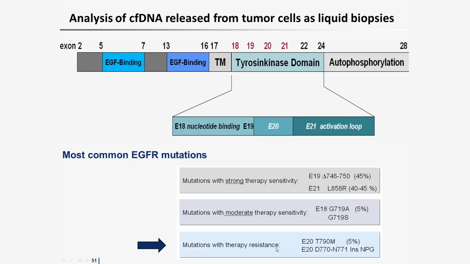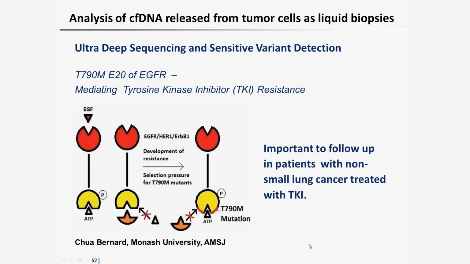But mutations in exon 20, such as the T790M mutation, lead to resistance by changing the ATP binding domain and thereby inhibiting the interaction of the tyrosine kinase inhibitor.